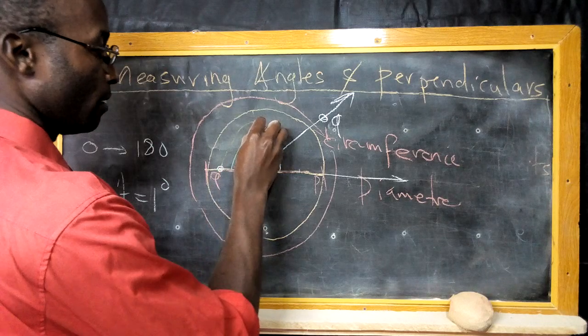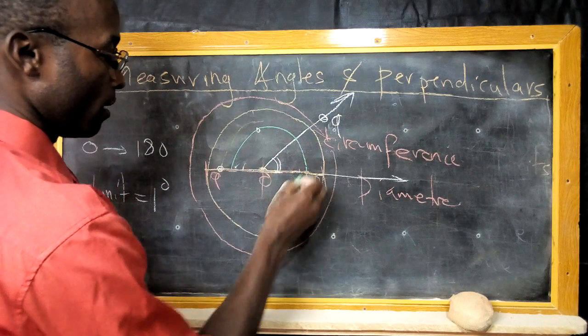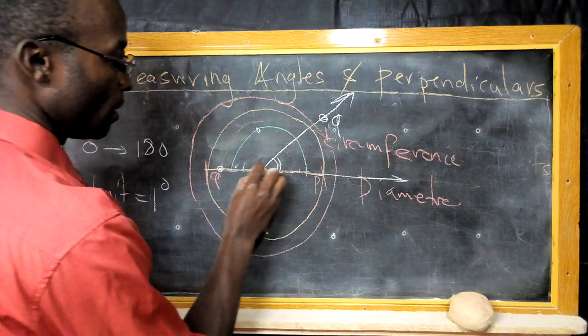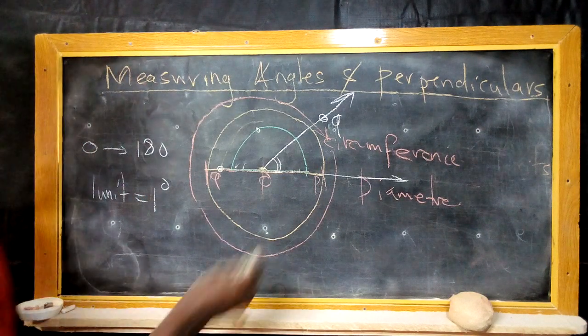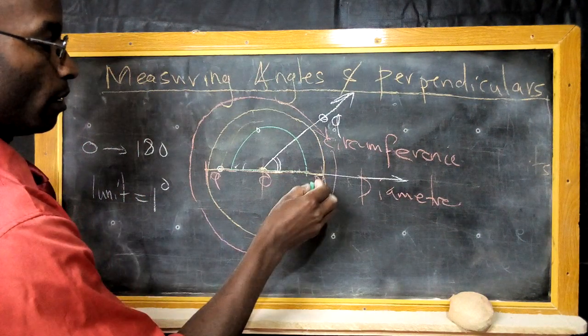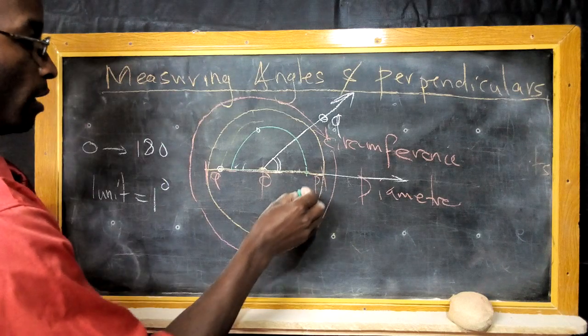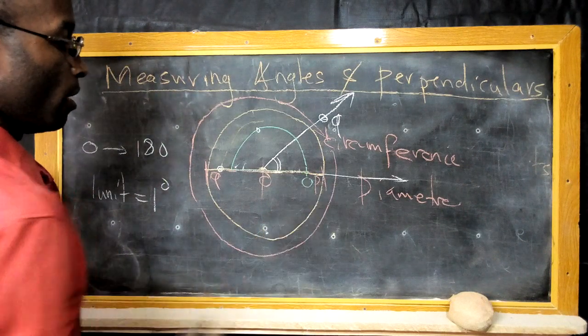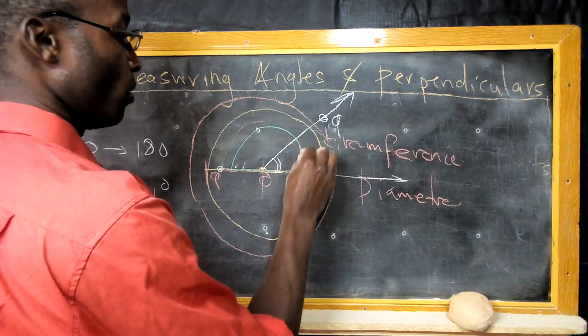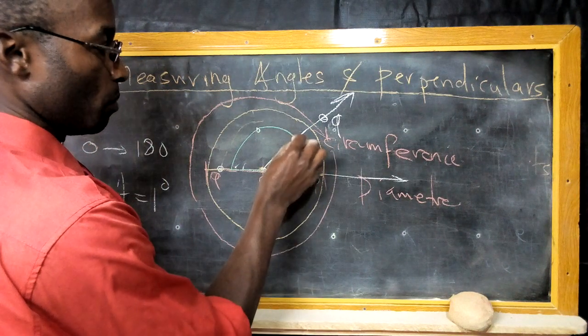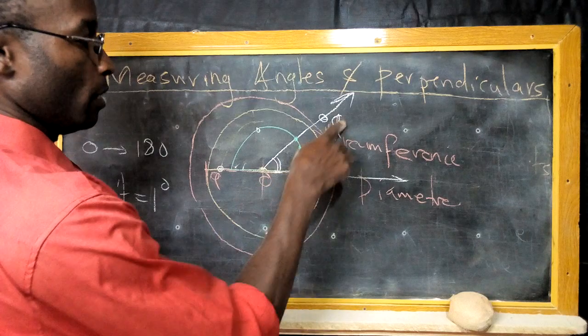so that the horizontal line of the protractor lies across this line as a diameter, and then the 0 mark, since it is calibrated on both sides, will start from that point, and I'll measure anti-clockwise up to this point where the line OP extends.